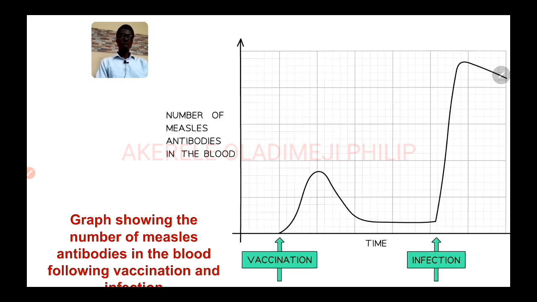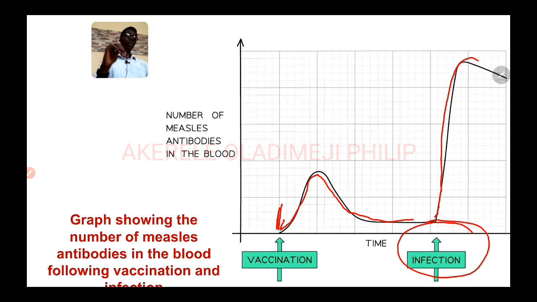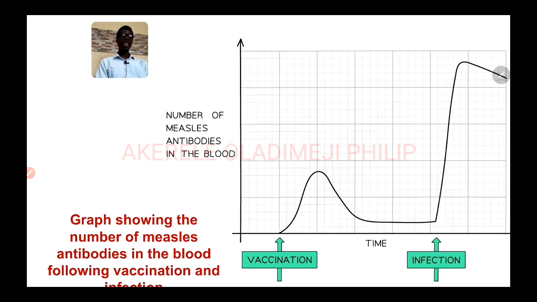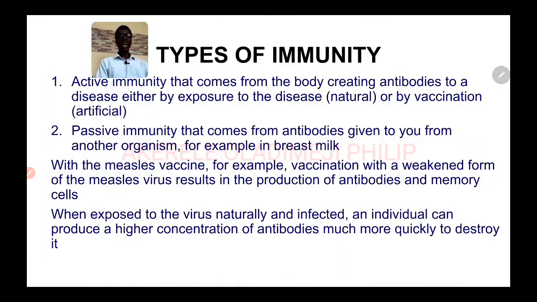When we get the vaccine in the person's body, the antibodies increase like that, then drop. But there's something called memory cells that have marked it. The moment the real infection now comes in, see what happens. The antibodies just increase like a spike like that, and because of that, they will just deal with the measles virus within a short time. All right, so this is just a further explanation of what we have.